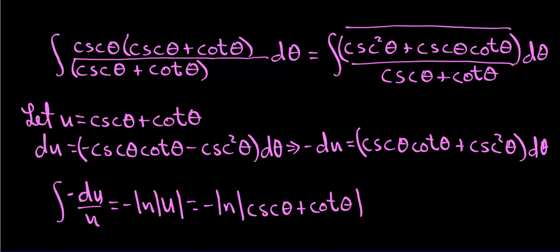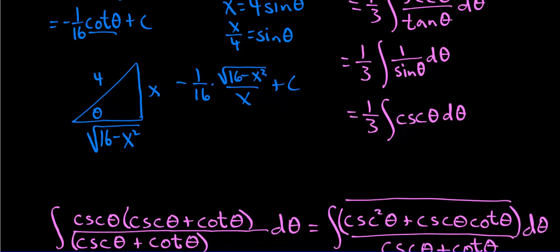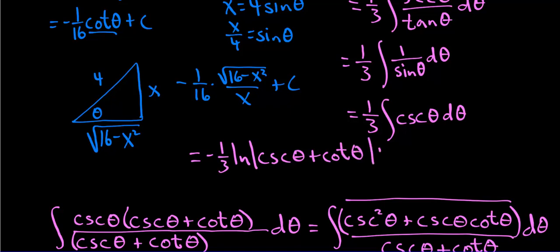Yeah, there it goes. Of course, a plus c. So I believe that's it. So we now know what the antiderivative is for cosecant. So I can go back now and finish up this problem. I've got, let's see here, this is going to be negative 1/3 log cosecant theta plus cotangent theta plus c.